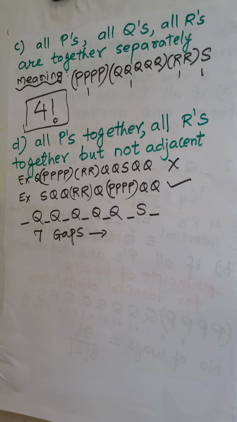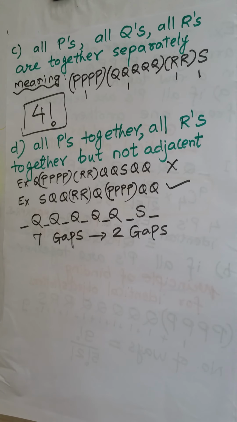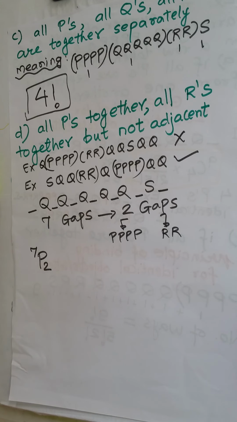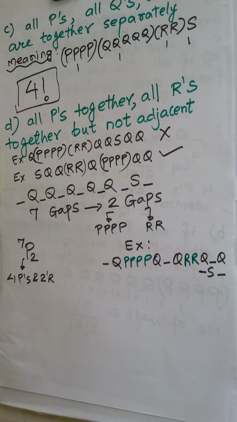Yes, out of 7 gaps created, 2 gaps will be occupied by 4 P's and 2 R's. In how many ways? 7P2 ways. For example, like this. The remaining 5 gaps are removed like this.